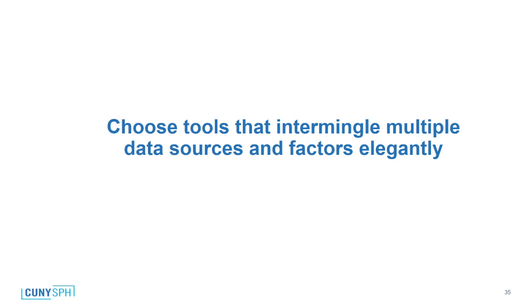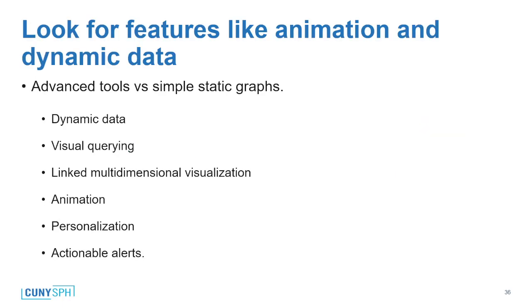And ideally, you want to choose tools that are able to handle multiple data sources and integrate them in an elegant way. You don't want to do that outside. It's better to have that integrated, or you have a streamlined process that is integrating your data, and that's going to be useful. You also want to look for features like animation and dynamic data, and we have supported why.